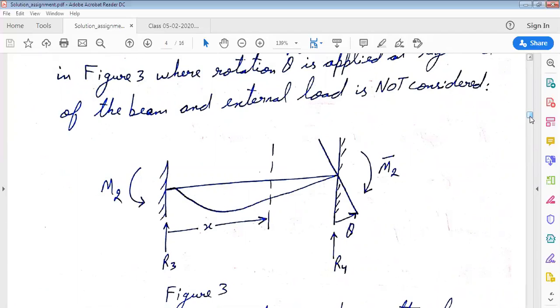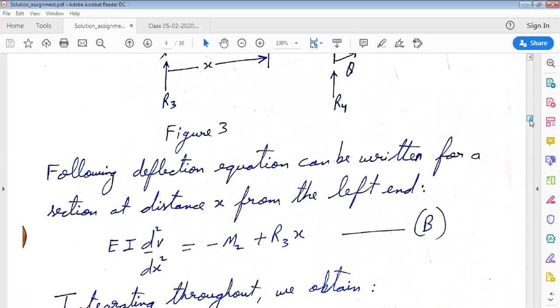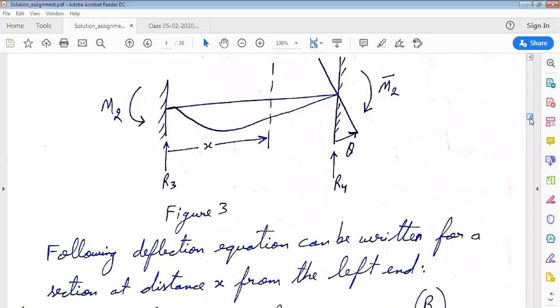Here the reactions on the left end are capital R3, and bending moment reaction on the left end is capital M2, and the reaction at the right end in the vertical direction is capital R4 and bending moment M2 bar. For this configuration of the beam, we can write the deflection equation EI d square V by dx square equal to minus M2 plus R3 into x for a section at a distance x from the left end.